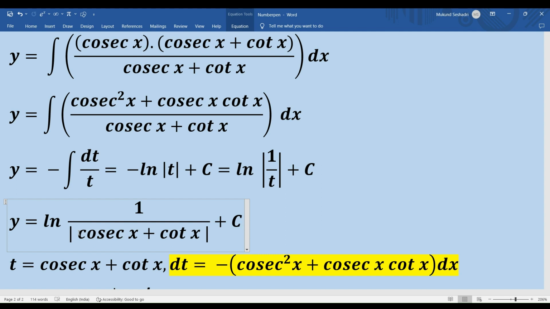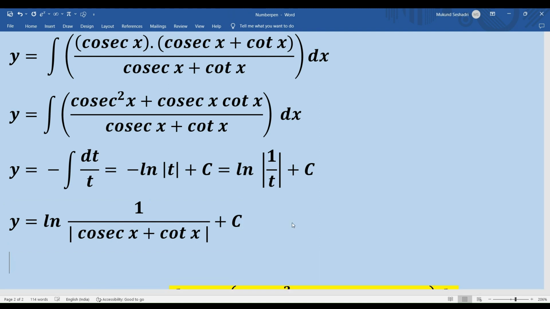So what would happen if I do a simple multiply and divide by a cosecant x minus cot x, right? If I do a simple multiply and divide by a cosecant x minus cot x, I will end up with ln of, I want folks to follow me carefully here. My numerator becomes cosecant x minus cot x, right?